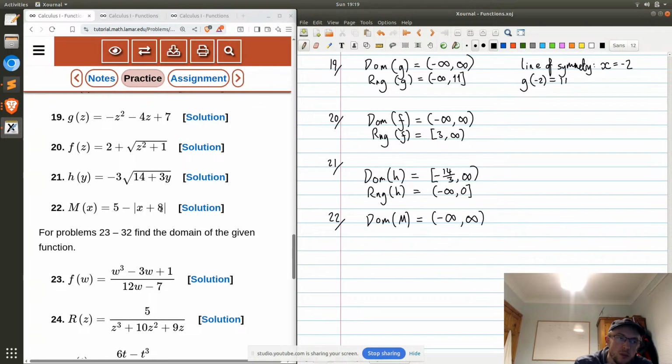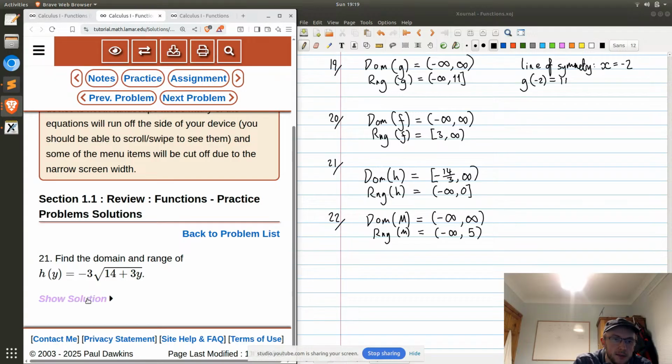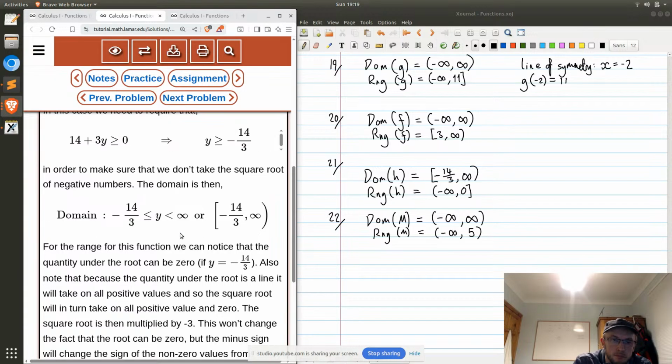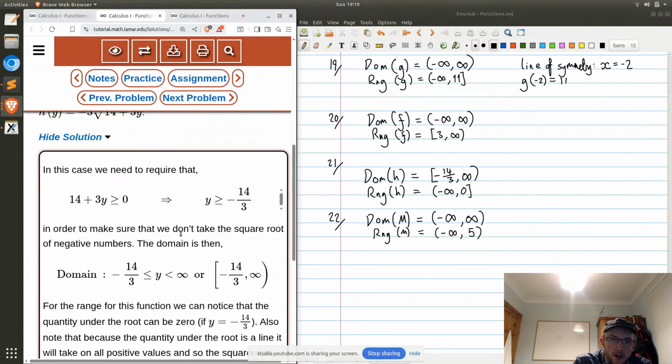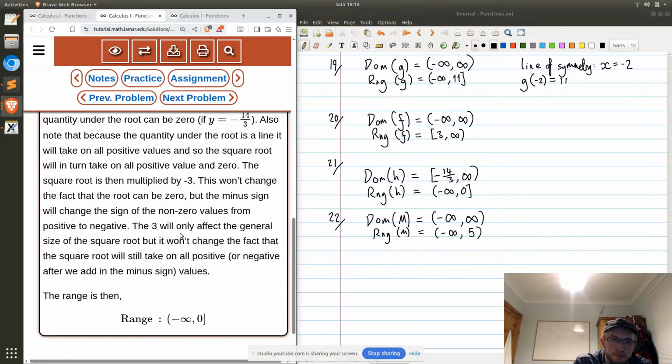So m will only output 5 and below. And now we have to check. All right, so that's all good for the domain, and that's all good for the range.